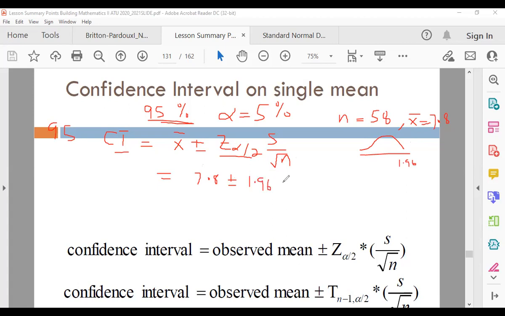Then our S was giving us 0.5, if you remember. So this is 0.5 over the square root of 58. Do this calculation for me: 1.96 times 0.5 divided by the square root of 58. Calculate just this side for me.